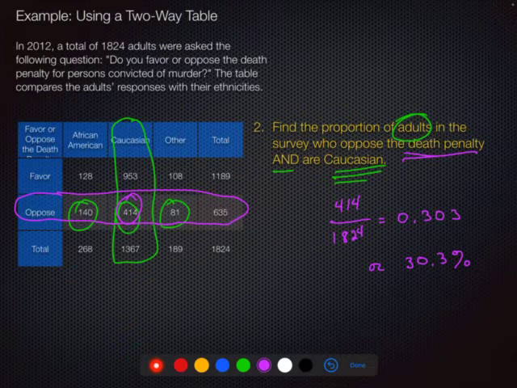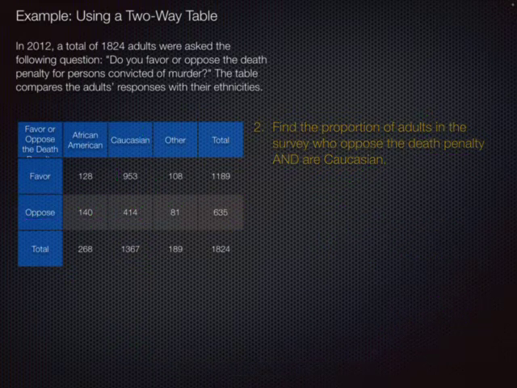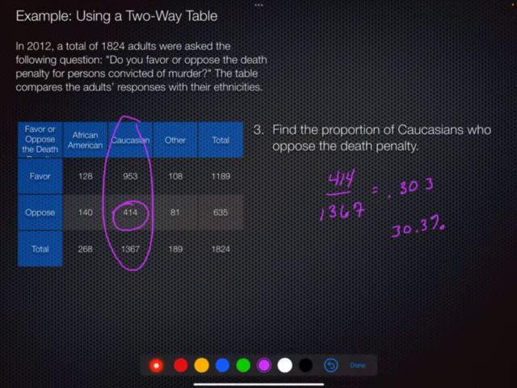That was 414 out of 1,824, except that does not give you 30.3. It's 0.227, or 22.7%. There's my mistake. The next one was correct. That is 30.3.